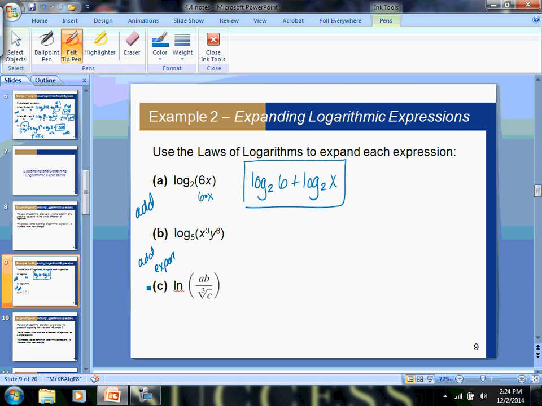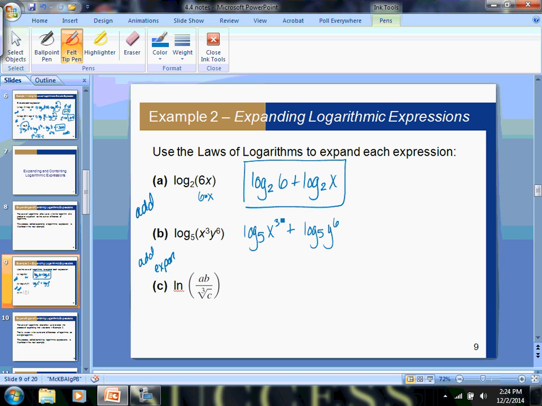Okay, so this one's going to have 2 steps to it. So I'm going to break it apart first. Log base 5 of x to the third plus log base 5 of y to the sixth. So keep your bases the same, the log base 5 and the log base 5. And you just take your first term and your second term and you give them each their own logarithm and you break them up, spread them apart with addition.